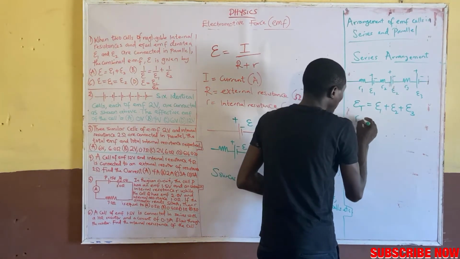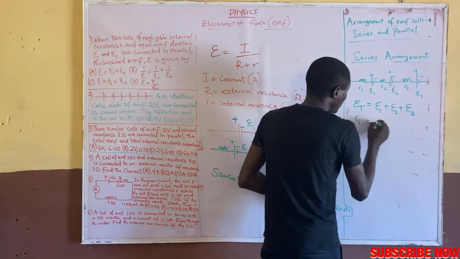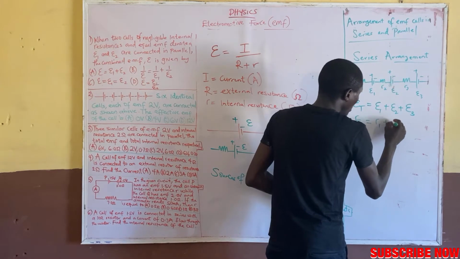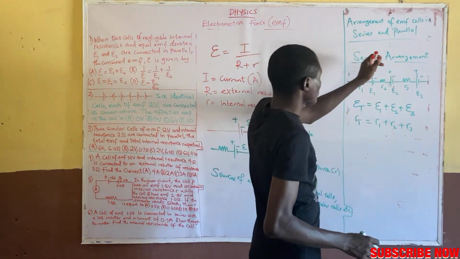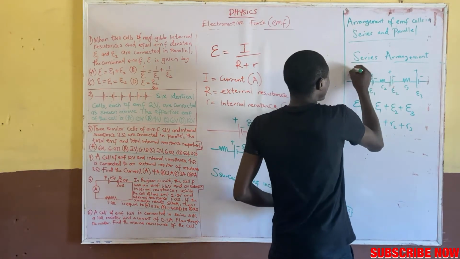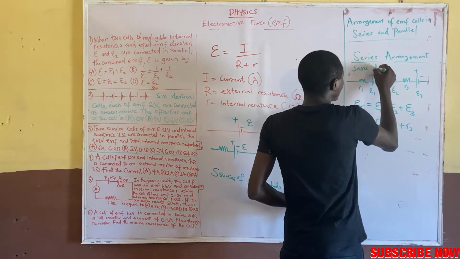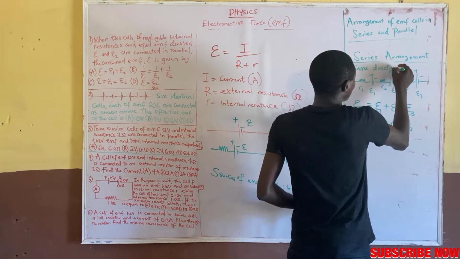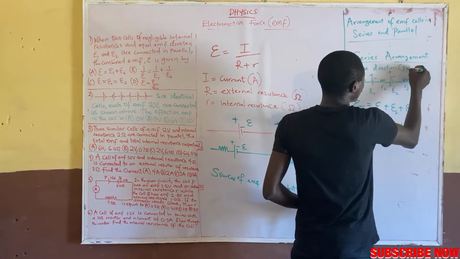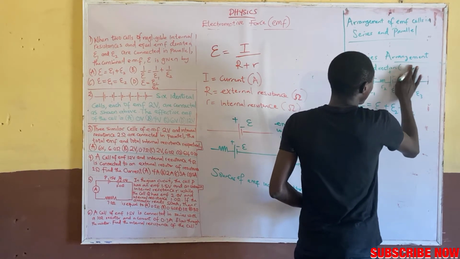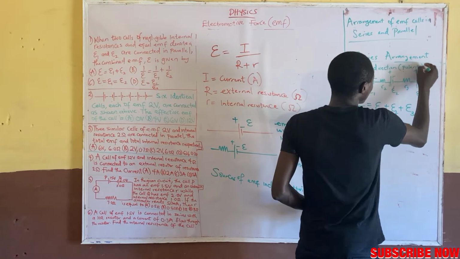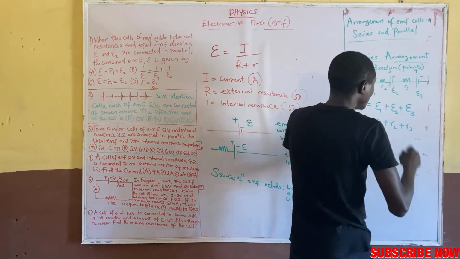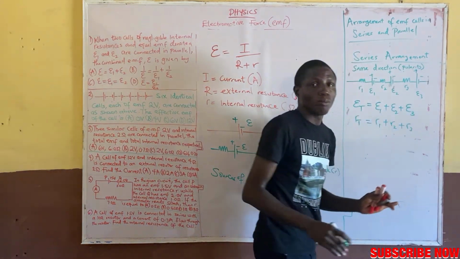And the total resistance will be R1 plus R2 plus R3. So for series arrangement in the same direction, same polarity, please note that: whenever they have the same direction and same polarity in series arrangement, you add everything up.